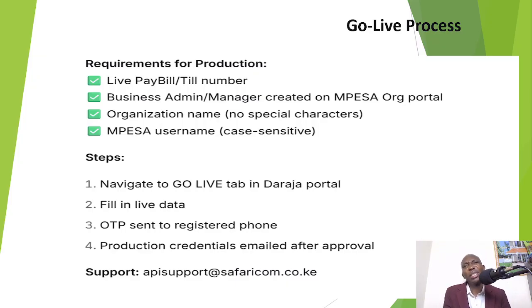Because you made a simple mistake. You added some special characters in the organization name, like that apostrophe. You are unable to go live. And with that kind of scenario, I think it is very hard for you to go to the M-PESA portal and update this. You call API support, and now they guide you to go live.